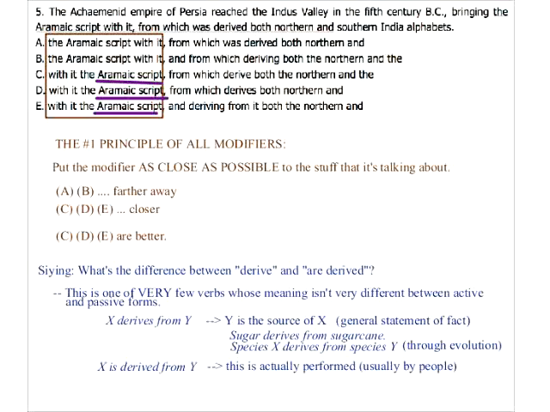So it's okay to say sugar is derived from sugarcane, because that's true. I spelled sugar wrong, I'll fix that.